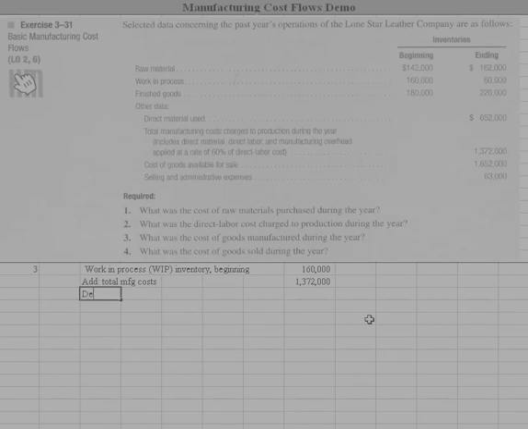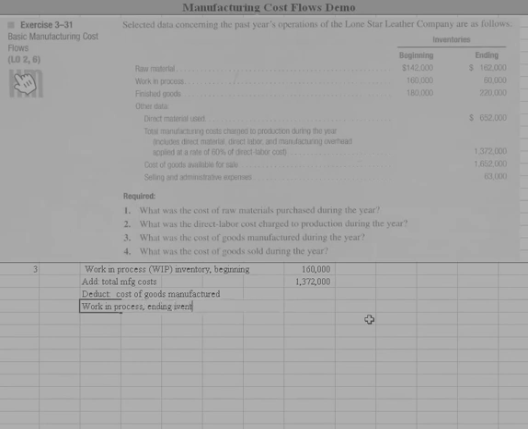But rather than creating a subtotal there, let's deduct the cost of goods manufactured. This is how we would compute it. Now, we don't know that. That's what we're trying to solve. And the end of that would get us work in process for ending inventory.